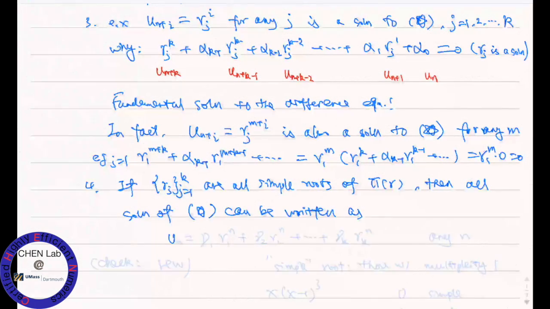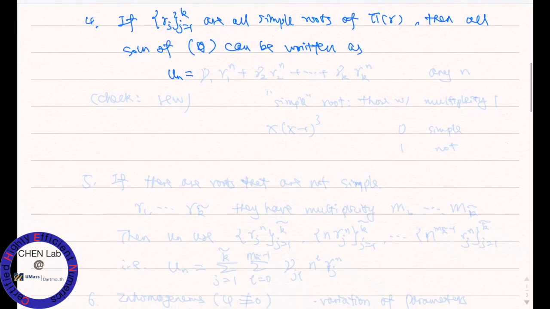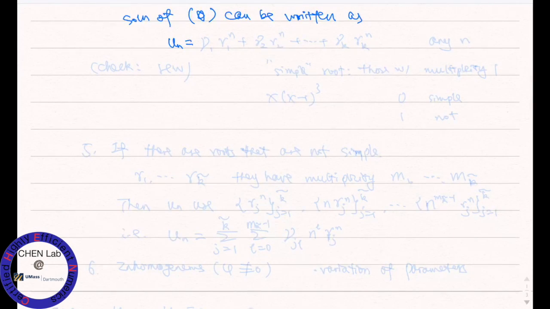u_n is equal to some coefficient. Because we have alpha already, I'm going to use gamma 1 r1 to the n plus gamma 2 r2 to the n plus gamma k rk to the n. This is true for any n.